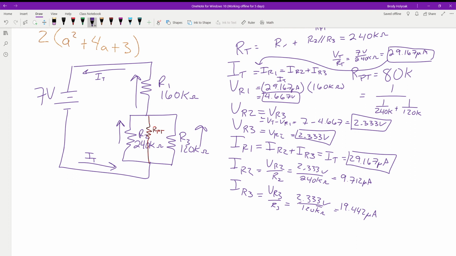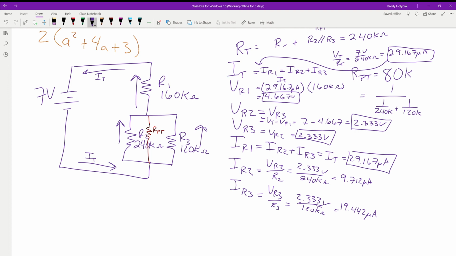We have twice as much resistance in one as the other. So twice as much resistance is going to give us half as much current, because the inverse is how they all work.